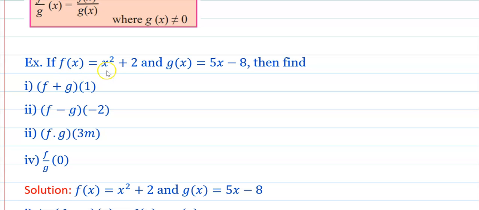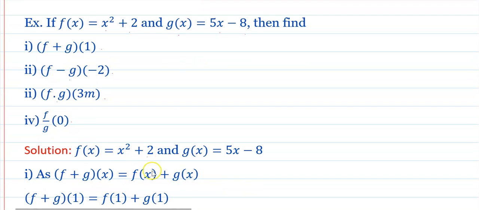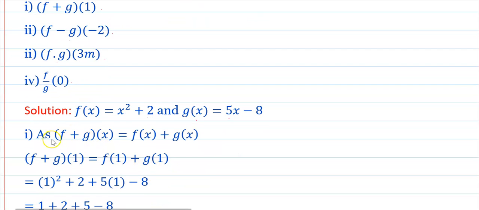Now see this here, one more example. f of x is equal to x square plus 2, g of x is equal to 5x minus 8. Then find f plus g of 1, f minus g of minus 2, f dot g of 3, f upon g of 0. Now see this here, f of x is equal to x square plus 2. g of x is 5x minus 8. For their addition, in bracket f plus g of x is equal to f of x plus g of x.